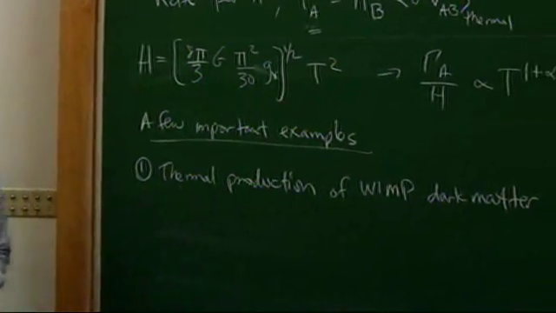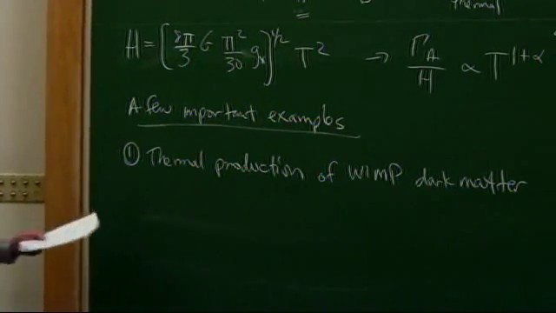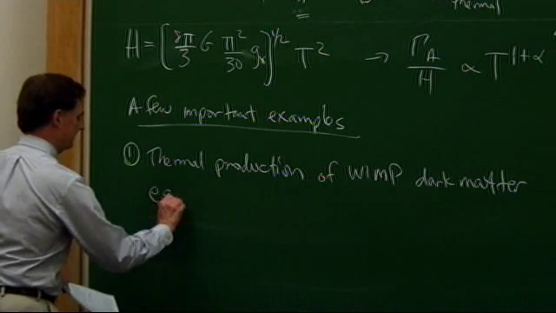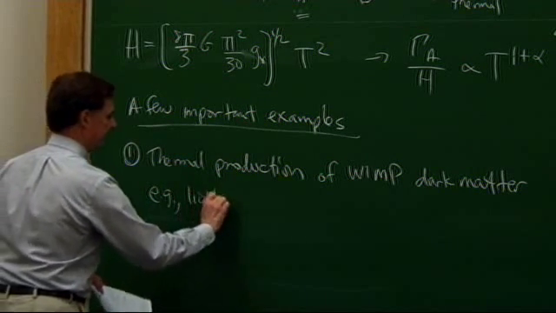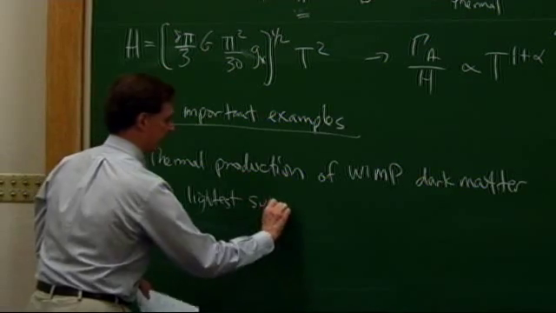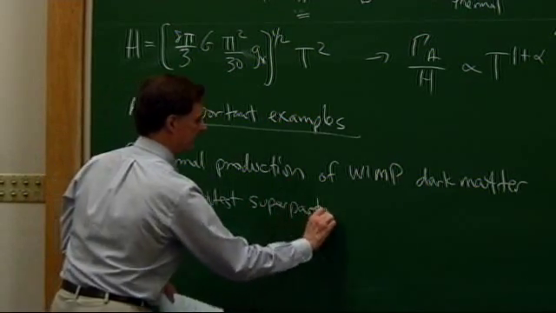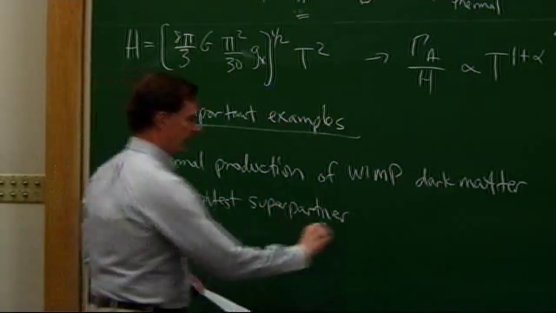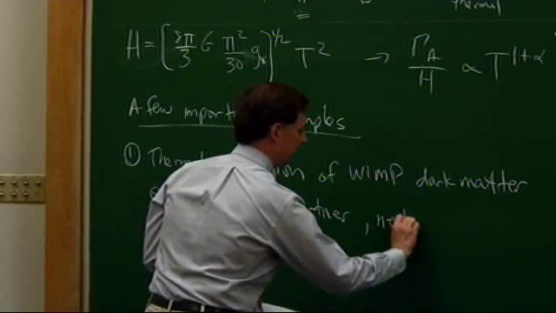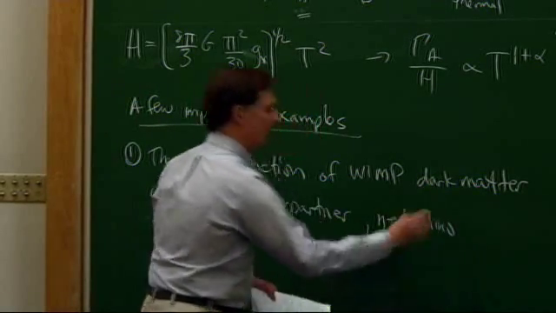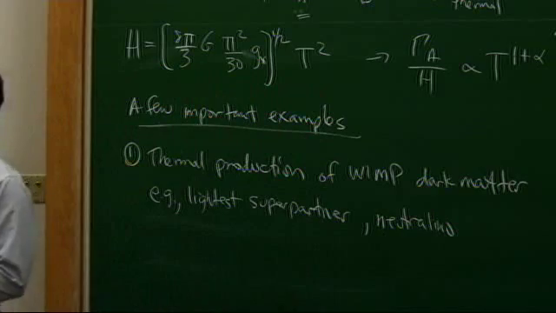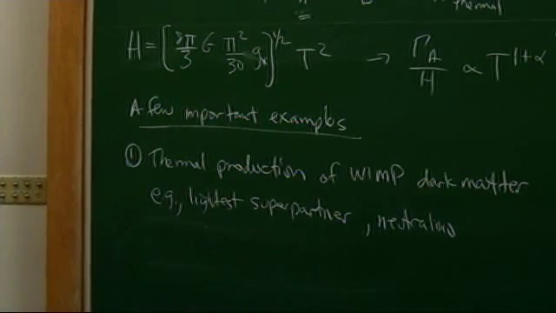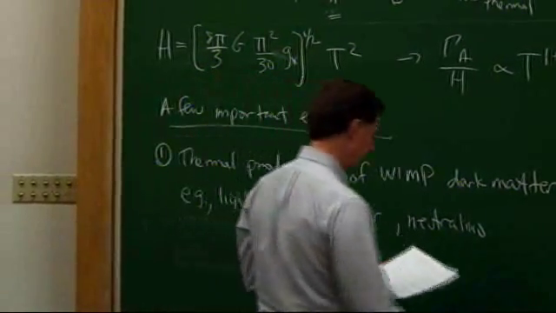In supersymmetric models, for example, there is a lightest superpartner. In many models, it is a combination of gauge bosons called the neutralino.